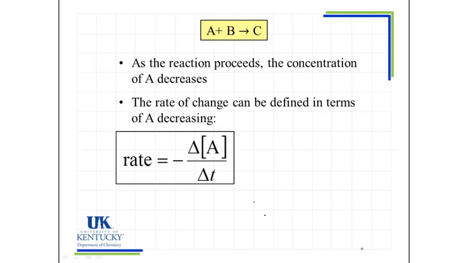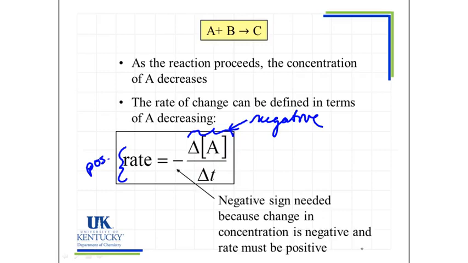This portion that we just looked at is negative. You just said that in the previous slide. And this portion here has to be positive. So if the rate of the reaction is always defined as a positive speed, we place this minus sign in there. A negative times a negative is a positive. And this way, the rate of the reaction will always be positive.